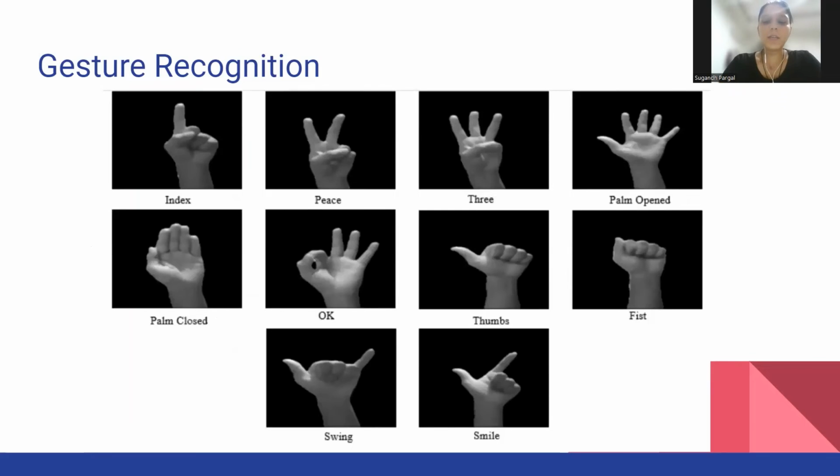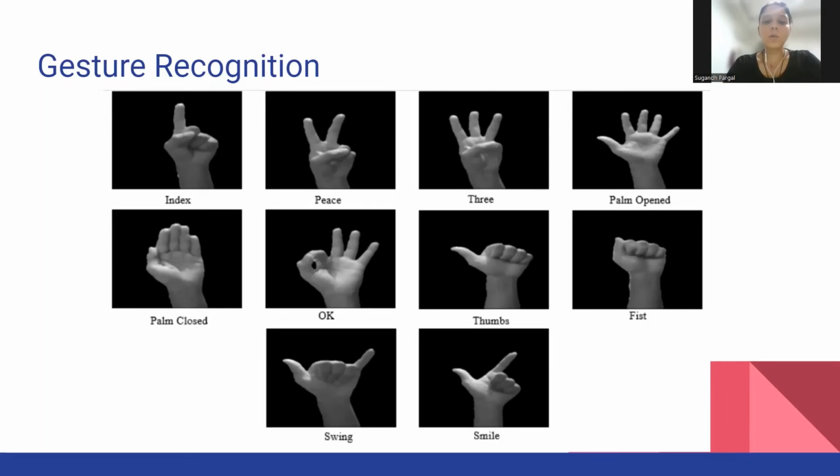For example, you can see here also, there are many kinds of gestures with the help of which we can detect the kind of activity we want to perform. For example, the index finger shows a single one. The V sign shows peace. Three fingers pointed shows the three. Whenever a palm is open, that means to collect something.